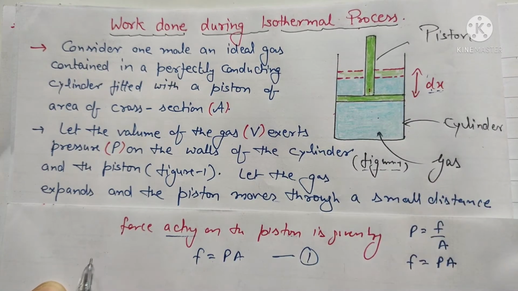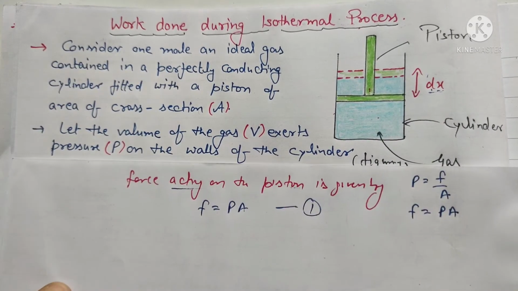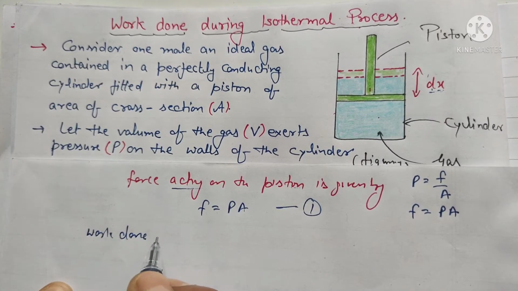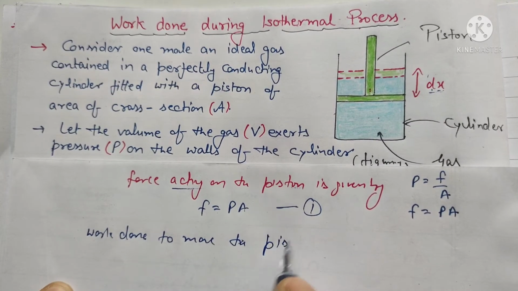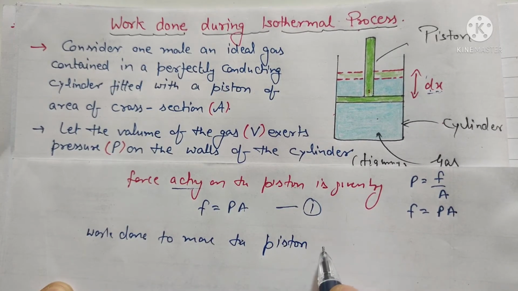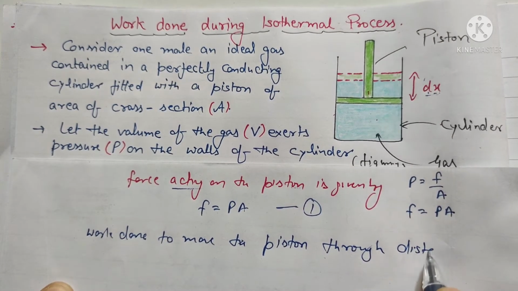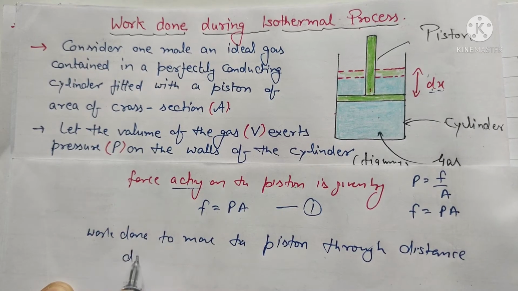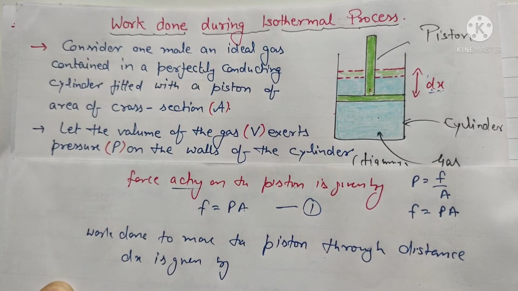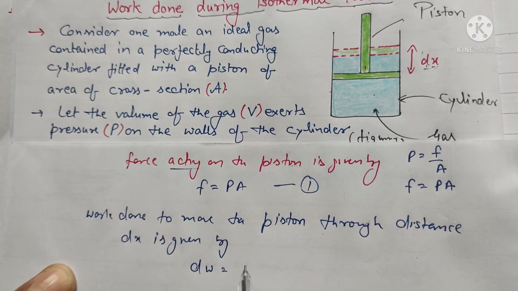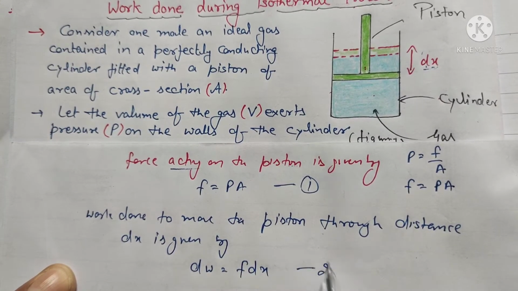So work done to move the piston through distance dx is given by dW equal to F dx. This is equation number 2.